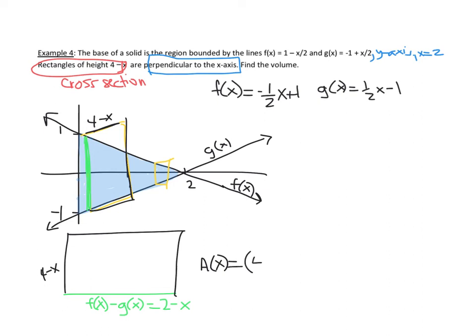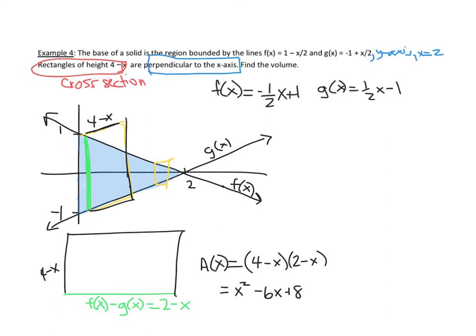So my area of a rectangle is base times height. And that gives me x squared minus 6x plus 8. So we have our area. We know where our x values start and end.